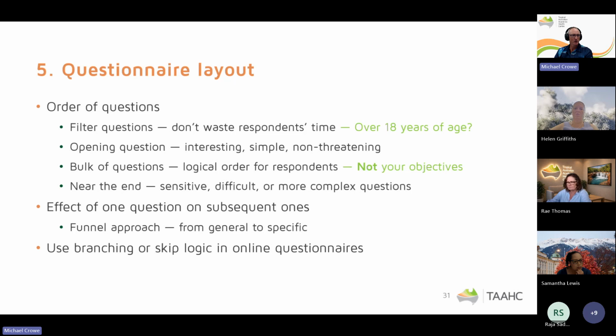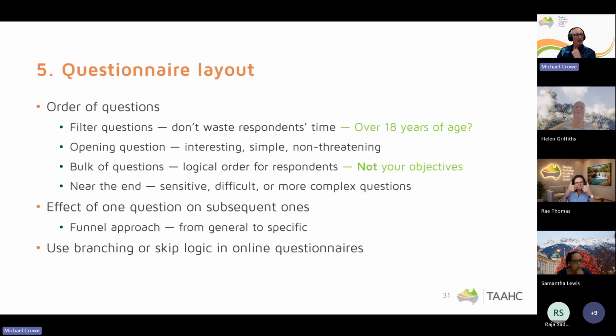The bulk of your questions need to be in a logical order for the participant, not for you or your objectives. A lot of the time your objectives are in a certain order, but the questions will be in a completely different order because they have to be in order for the respondent. You don't want to be skipping around the place. Again, reducing cognitive load, I think, is the phrase that's used in psychology a lot.